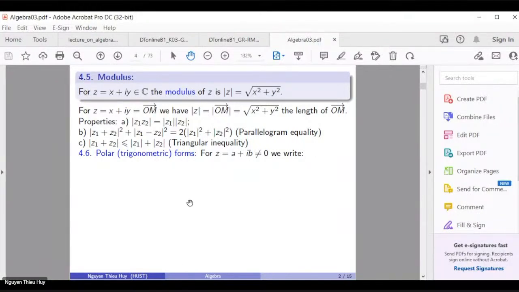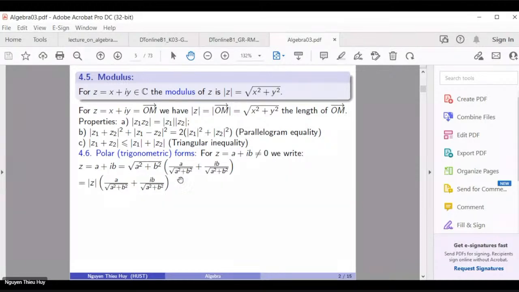Then we write as follows. Of course we have z equal a plus ib, and because z is not 0, the modulus of z is of course not 0, and therefore we can take the modulus, which is the square root of a square plus b square, as common factor, and then we divide.